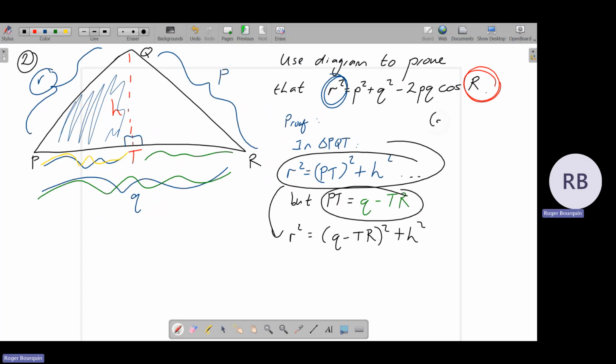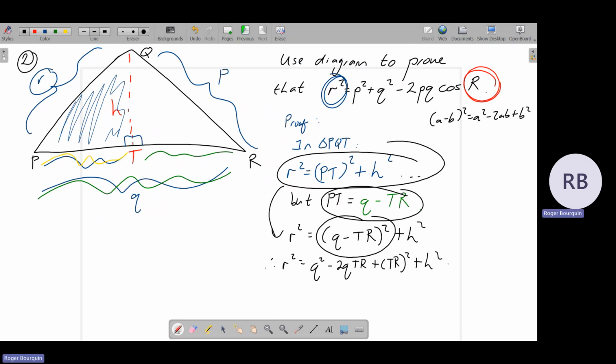And I'm going to use the logic that (A minus B) squared is A squared minus 2AB plus B squared. So I end up with R squared, squaring this out, is Q squared minus 2QTR plus TR squared plus H squared.